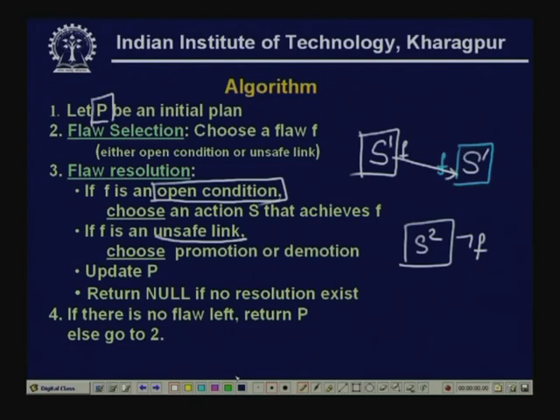So, this is a protected interval between S1 and S prime, where S2, which undoes the effect of F, cannot come. So, S2 can be promoted or S2 can be demoted.